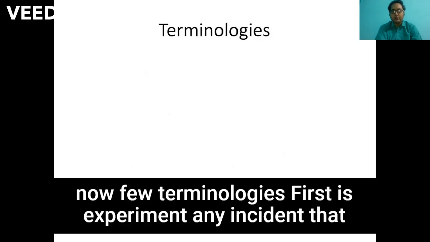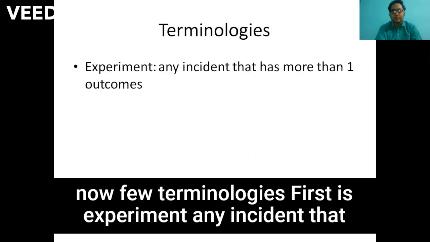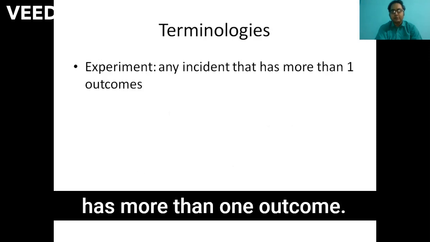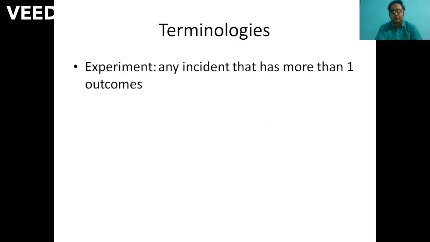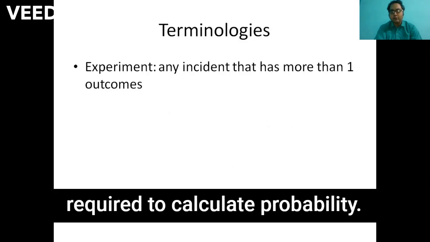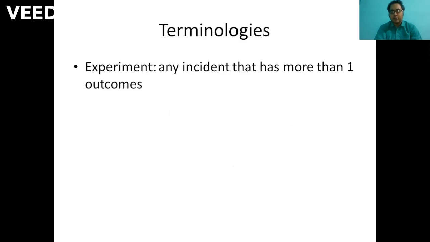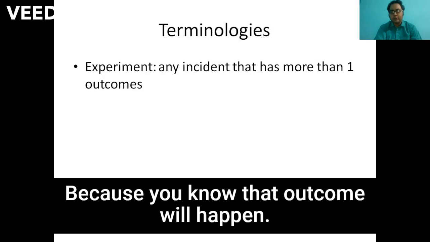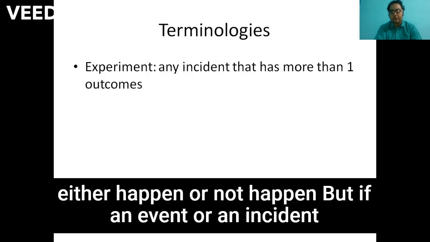Now, a few terminologies. First is experiment. Any incident that has more than one outcome. If you don't have more than one outcome, it is really not required to calculate probability, because you know that outcome will happen, either happen or not happen.